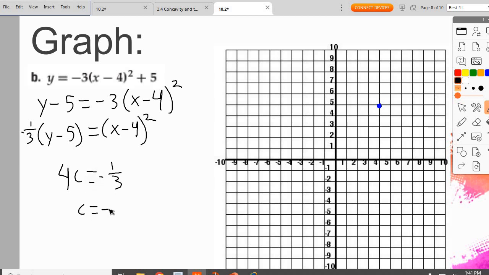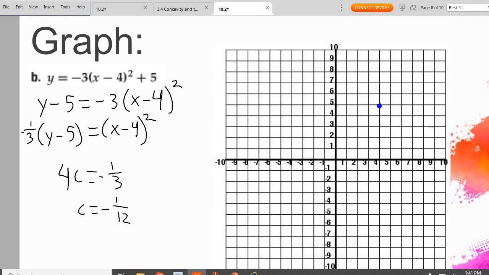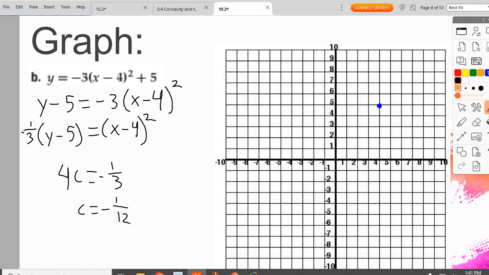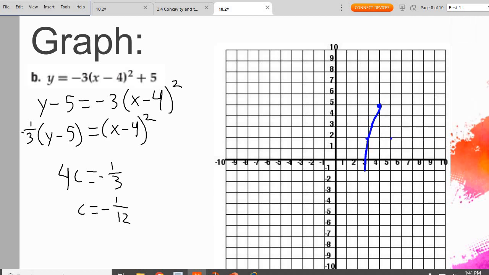So c equals negative 1/12. So if that is negative, what does that mean we are pointing? Down. So that would be our graph.